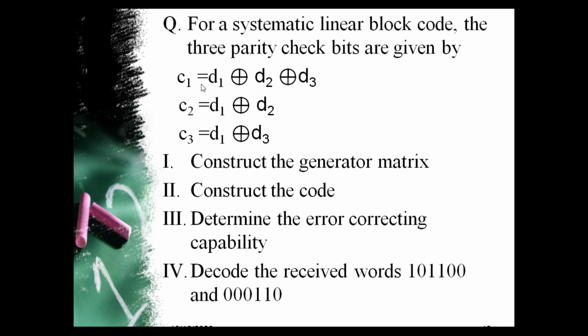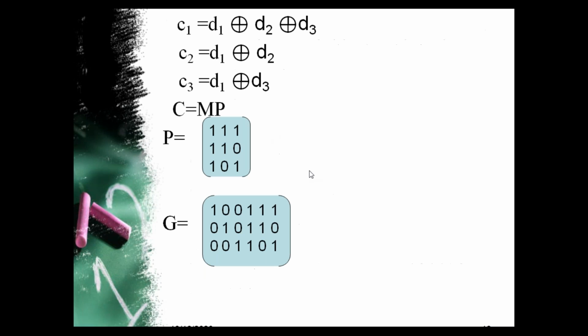Okay, hope that you have taken this question, that is, the equations for the check bits: C1 equal to D1 plus D2 plus D3, C2 equal to D1 plus D2, C3 equal to D1 plus D3. Then from this, we can write the generator matrix, H matrix, etc. For that, we know C equal to MP. These check bit equations are obtained by multiplying the message bits with the P submatrix.